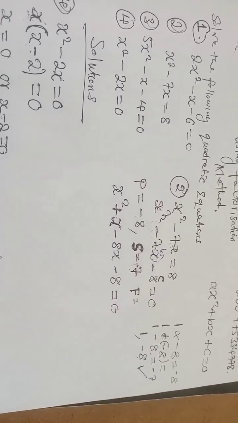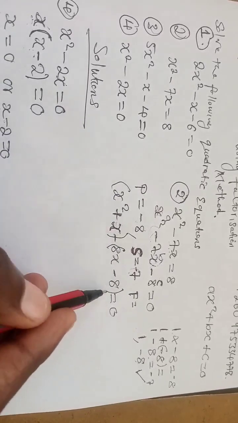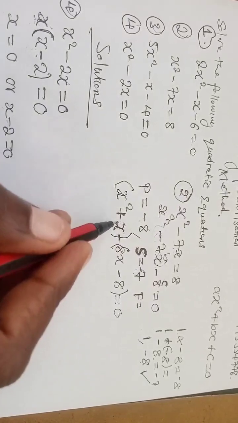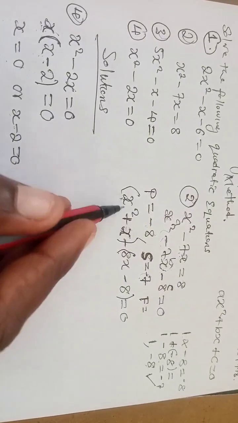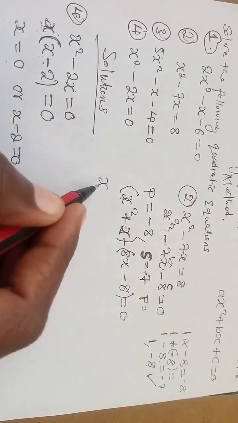All right, so here now you factorize like that. You factorize as simple as that. So what is the number or letter that can enter both of these without leaving a remainder? And that letter is what? It is x.